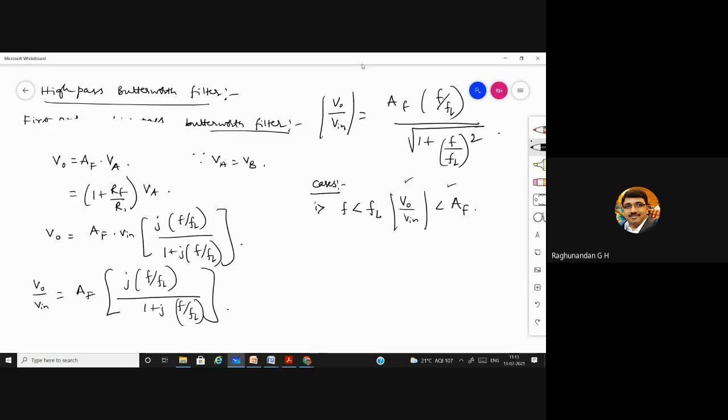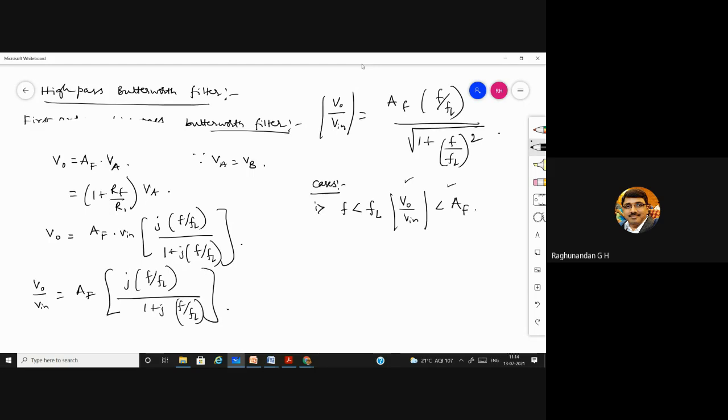Considering that overall gain only, we are going to plot the frequency response. But AF is the gain which is considered because of the feedback circuit, 1 plus RF by R1.